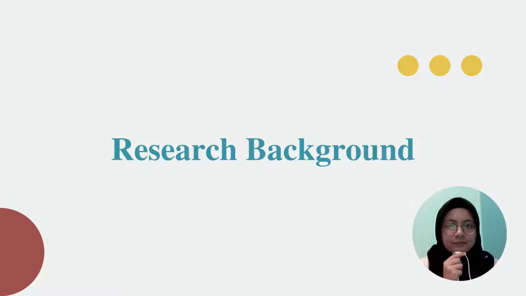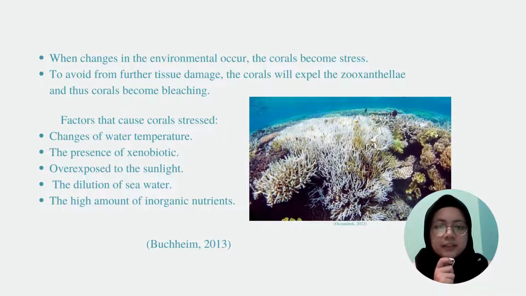nudibranchs. For the research background, corals become stressed when changes in the environment occur, and to avoid further tissue damage, the corals will expel the zooxanthellae and thus the corals become bleached.